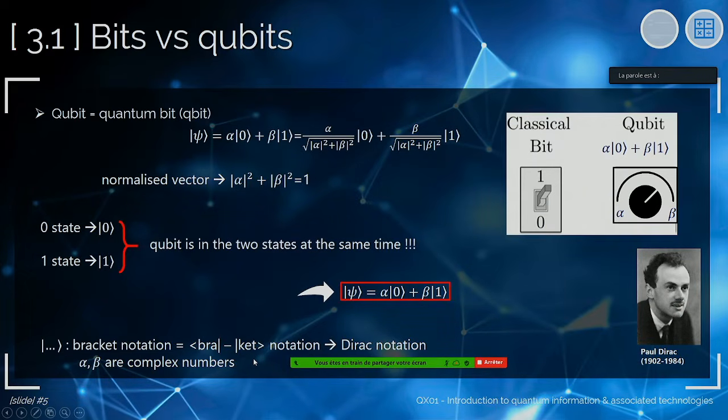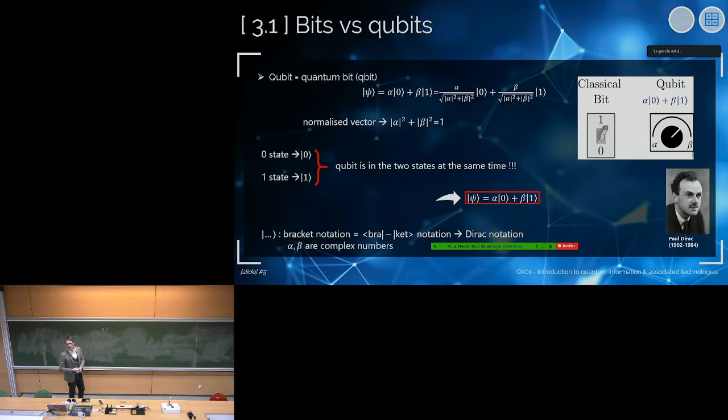So if I go back to what we've seen last time, we define a qubit, a quantum bit. There are different notations. Usually we like to use psi, because of the physical meaning to it, but computer scientists and mathematicians would just use Q, for instance, for qubit, whatever.